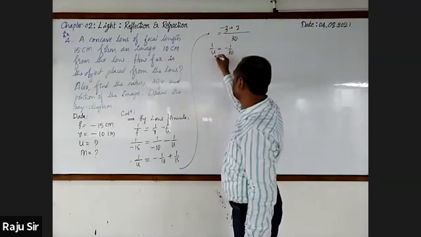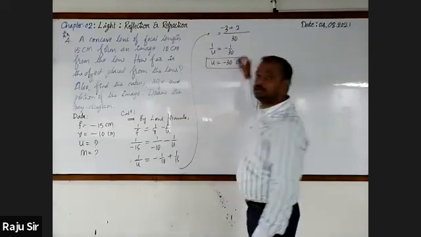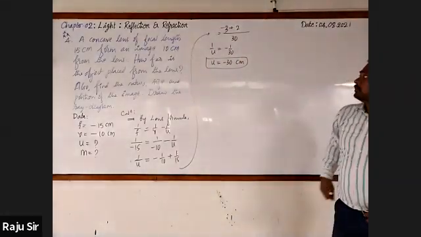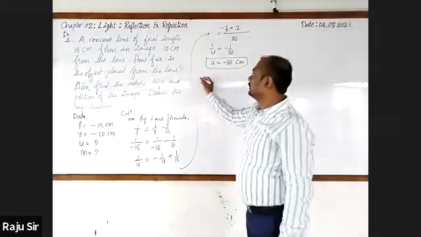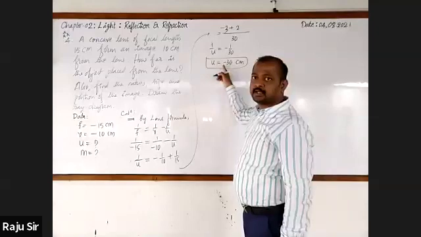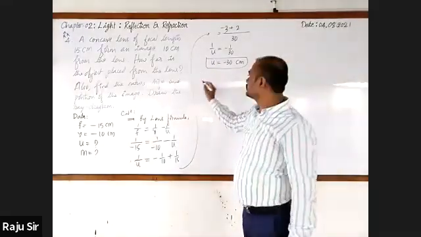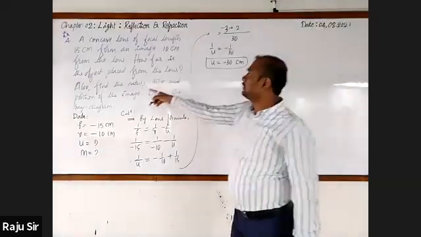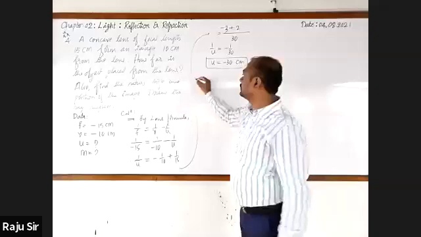Hope you have got it. Yes, u is negative 30 centimeter. Object placed at a distance of 30 centimeter from the lens.